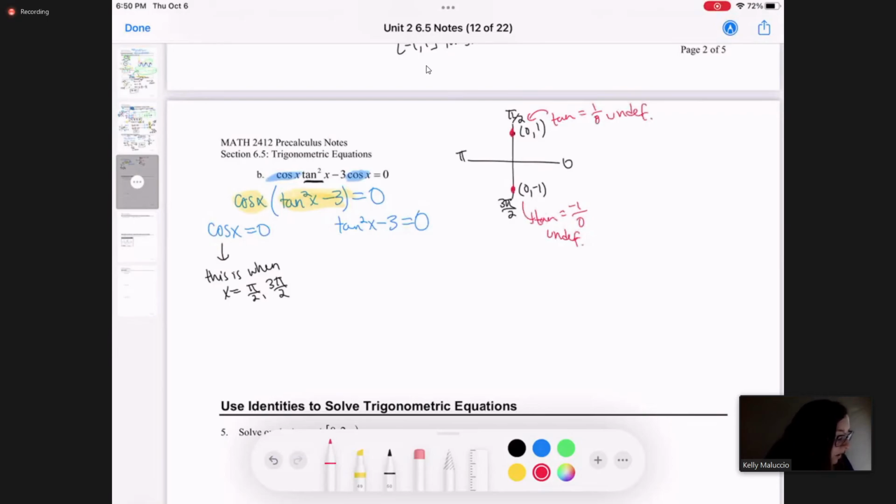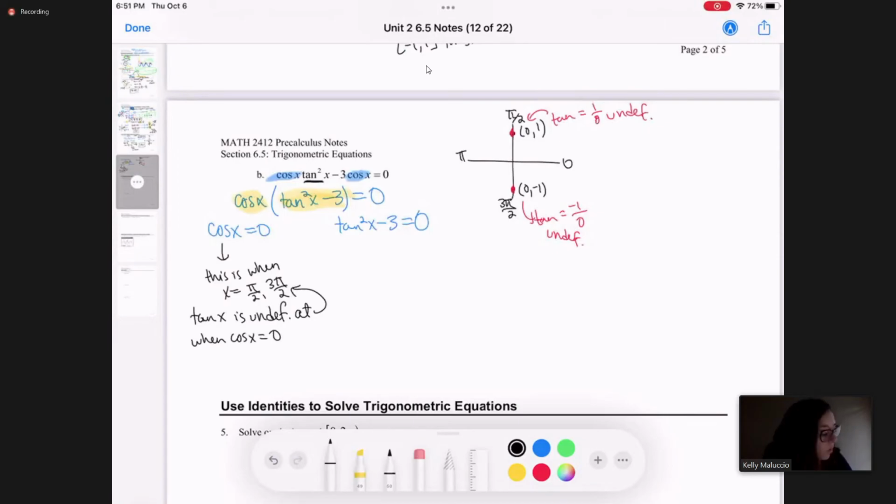And therefore, we'd say tan x is undefined at these points when cosine is 0, right?